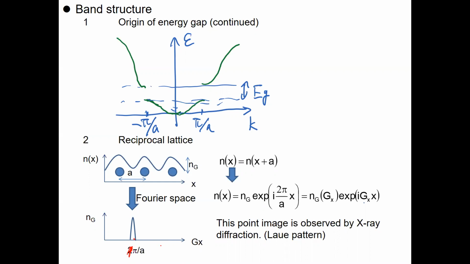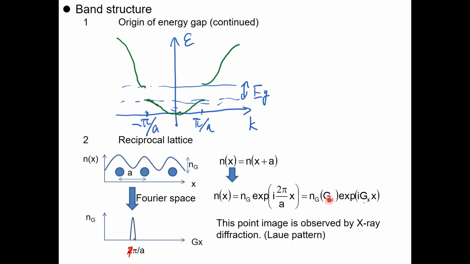So this lattice, in the calculation you can draw just a Fourier transform of this electron density: n of x equals n times exponential i 2 pi over a x, and is given by n of G times exponential i G x.